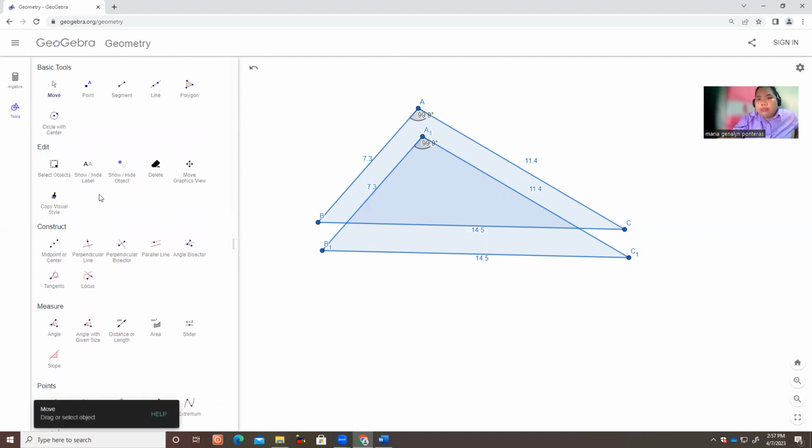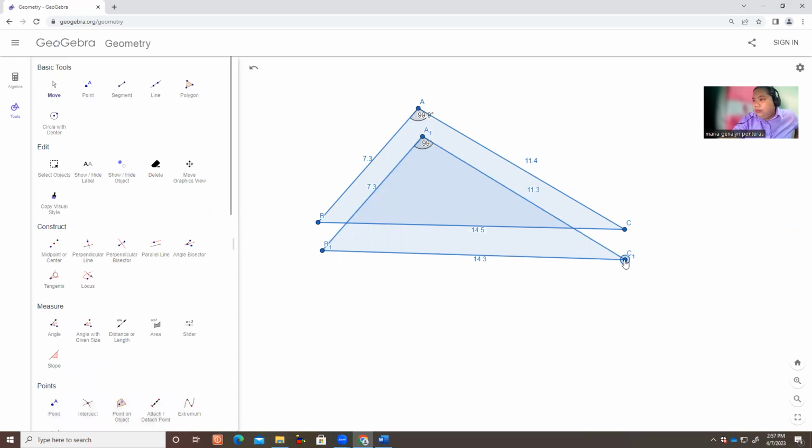So, move natin. Ayan, no? Let's make it 90. So, what will happen if the third side becomes smaller than the third side of the first triangle? So, lumiit din yung included angle natin.